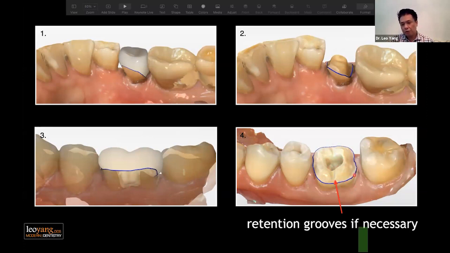And so if you want your temporary crown to hold a little bit better because of your supragingival preps, you do need to maybe pay attention to adding some retention grooves to hold your temporary in place. So that's just something that you have to do if you want to hold your temporary a little bit better if you're going to do a lot of these supragingival preps. You're not doing it because of bonding. You're doing it just to hold your temporary a little bit better so it doesn't come off while the crown is made for you.